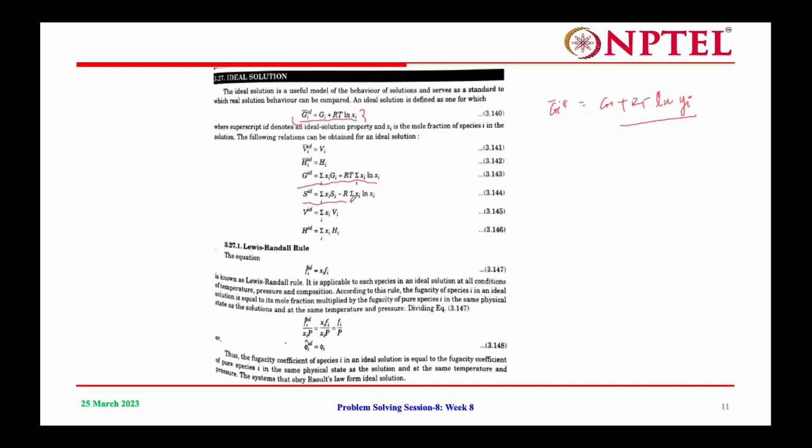This is similar to the gas mixture, so here just replace y_i by x_i. Ideal solution means liquid solution, liquid mixtures.